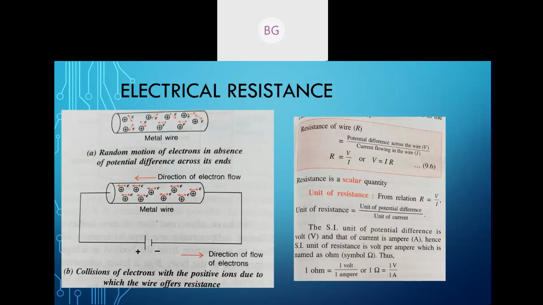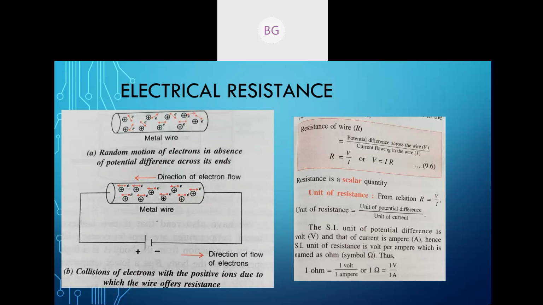So, resistance is what? It is the obstruction offered by the conductor to the flow of electrons. Resistance is denoted by R, and it is given by potential difference, that is V, divided by the flow of current in the wire.